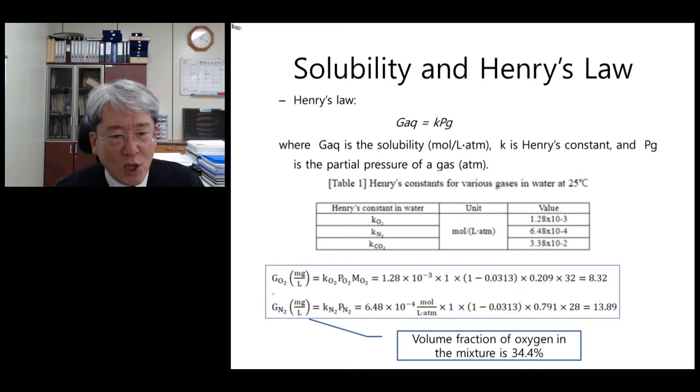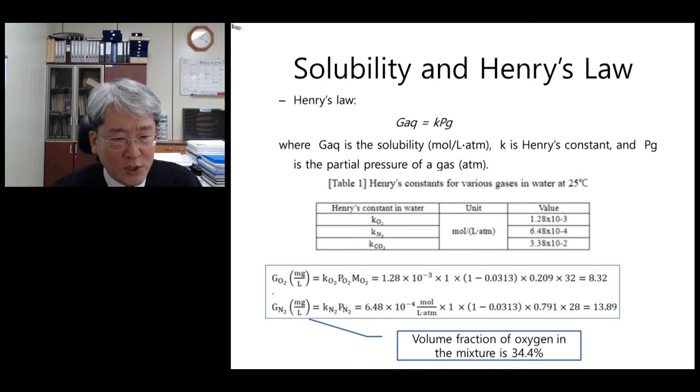Using Henry's law, the mass of dissolved gas species are readily calculated. The presented calculation process shows how to obtain the concentration of oxygen and nitrogen gases considering the humidity contribution.